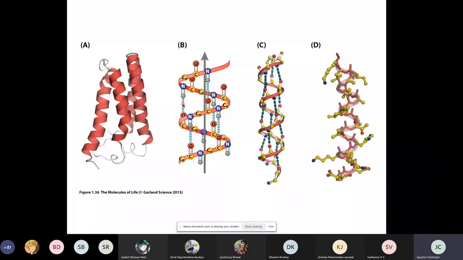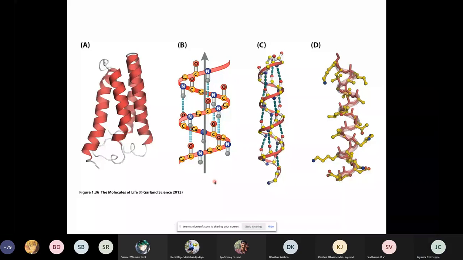The other interesting thing about alpha helices is that there are different types of helices also. For example, there is a helix called a 3-10 helix. Now, what is a 3-10 helix? Imagine that you hold this terminus with a tweezer, and this terminus with a tweezer, and pull it apart slightly. Then the helix becomes a little extended.